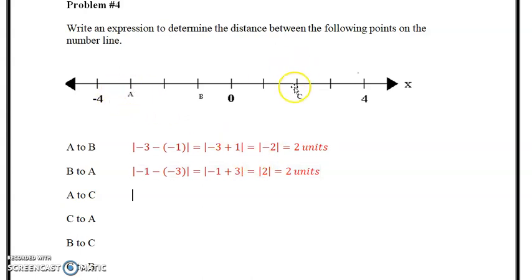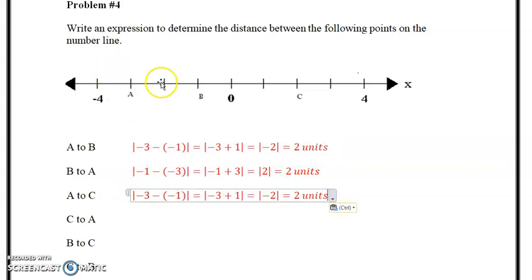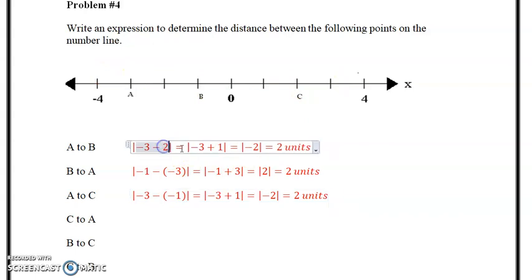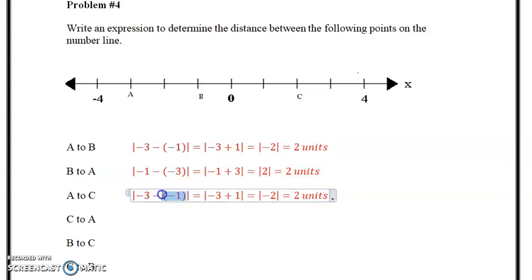So A to C, we'll do the same thing here. I'll just steal this to make it easier. So A is negative 3, C is 2. So subtract 2, which would be negative 5, which would be 5 units.